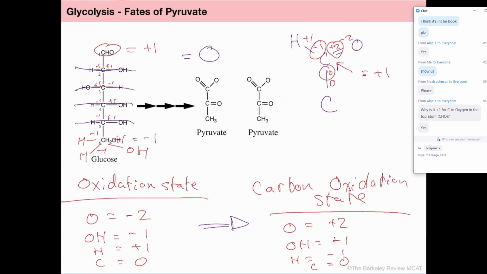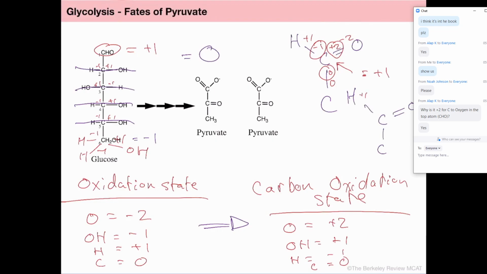Yeah. So the oxidation state of hydrogen is +1. And so what that means is the carbon gets a -1 from that. Right? So let's just draw this out again. You have a carbon attached to a carbon, attached to an oxygen, attached to a hydrogen.